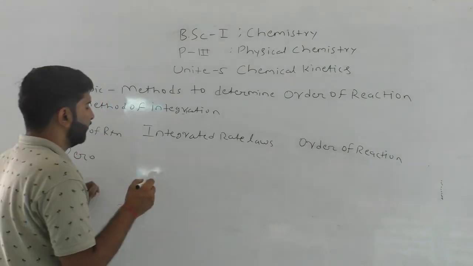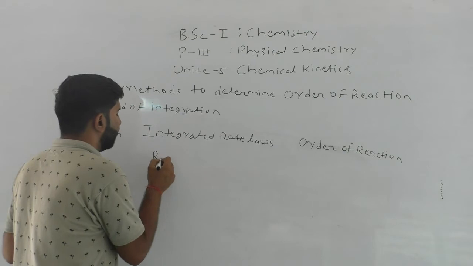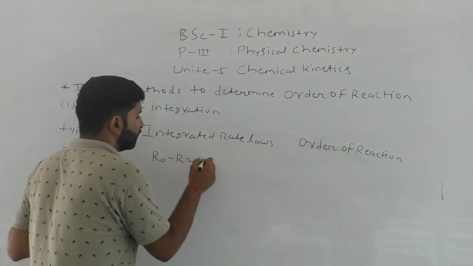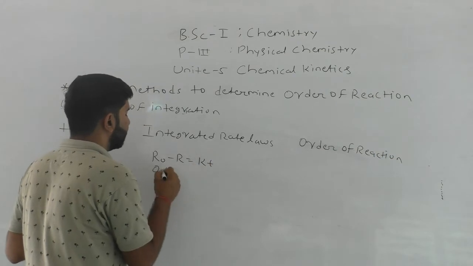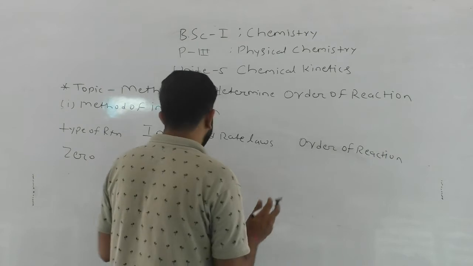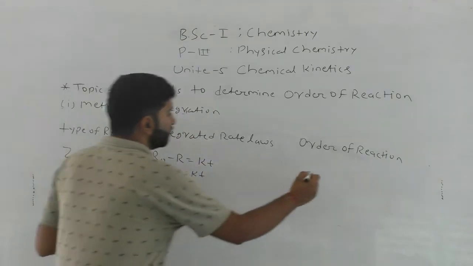For zero order, the integrated rate law is R naught minus R equals kt, or x equals kt. The order of the reaction is 0.